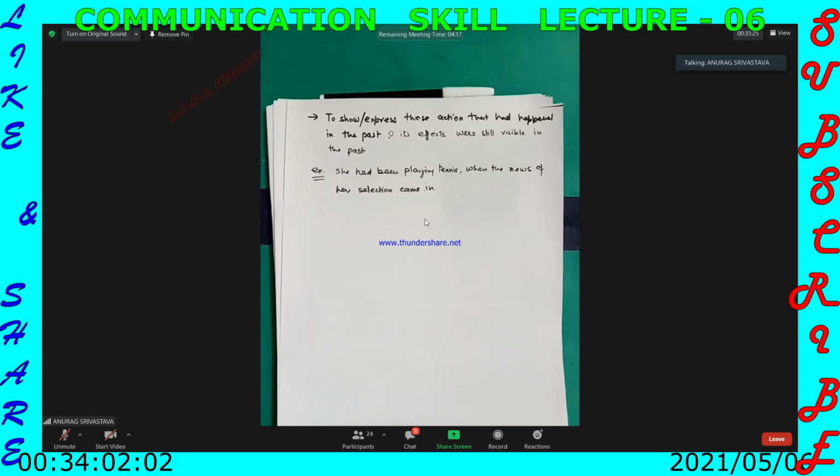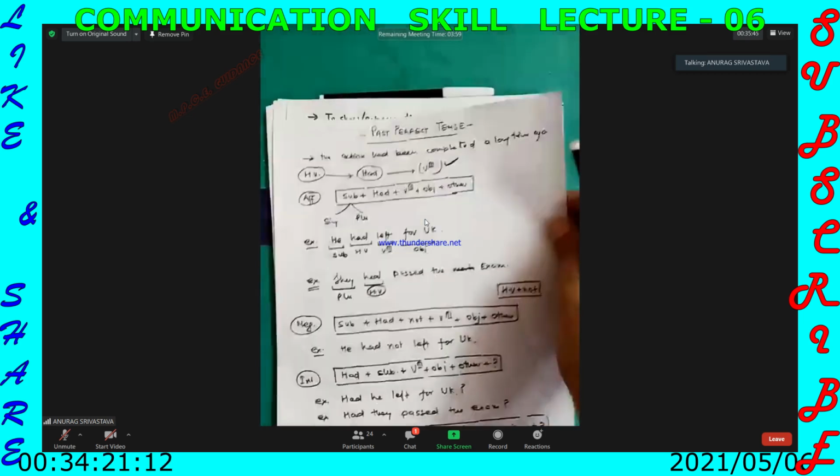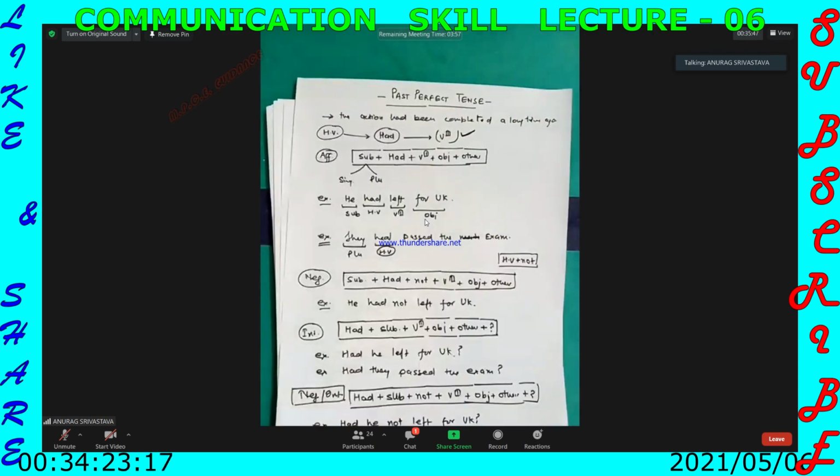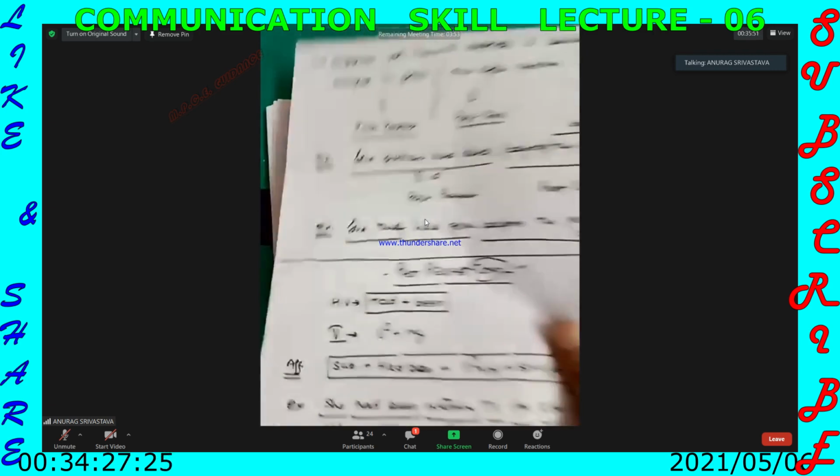Now we will move to future tense in the next class. I think it will be on Monday night. So if you have any problem, you can ask me. Today we discussed only two types of tenses, that is past perfect tense and past perfect continuous tense.